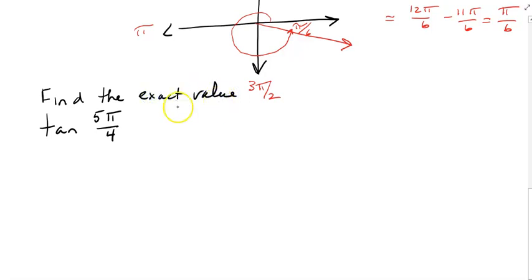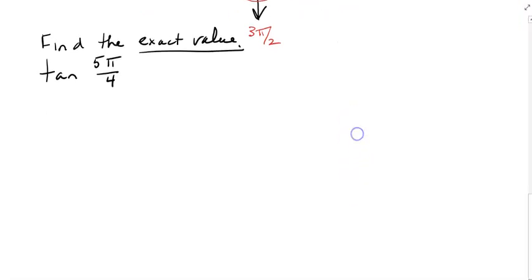Well, here's the problem. You cannot plug it into a calculator and get an exact value. If you plug it into a calculator, what you're going to end up with is a decimal approximation. So what do we do? First thing we do, sketch it.